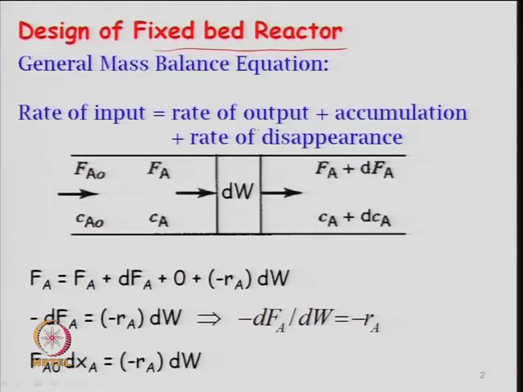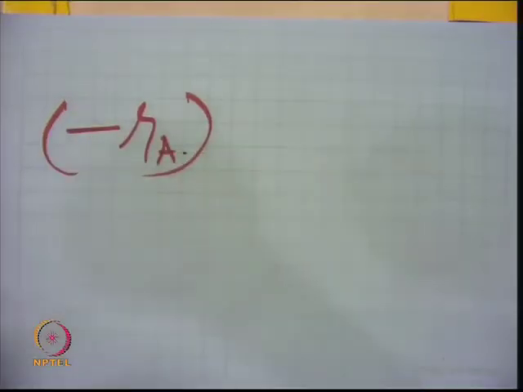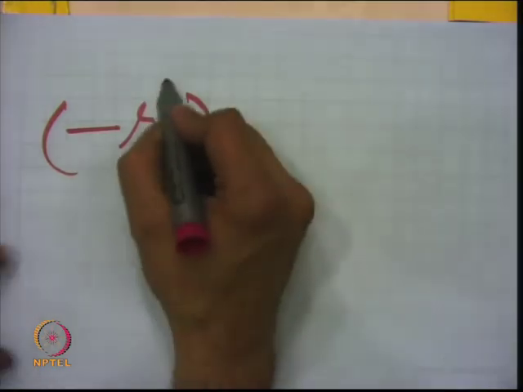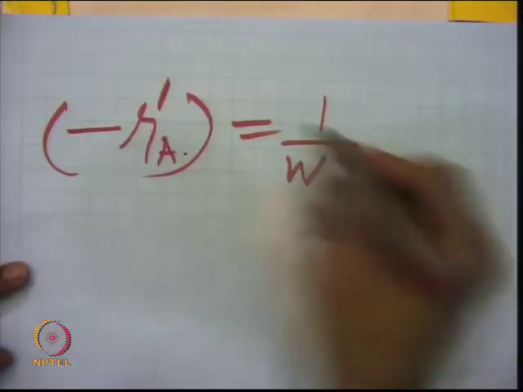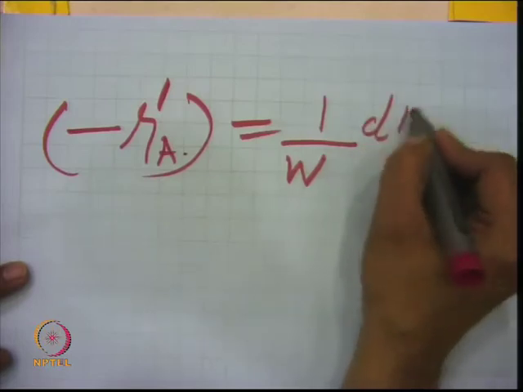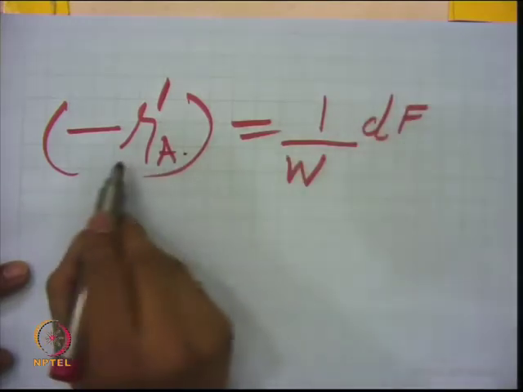The rate of disappearance is generally represented in the form of minus R A, the rate of disappearance of reactant species, right. So, minus R A dash, if I write, that will be per unit mass of the catalyst, something like d F A by, if I write in this form.